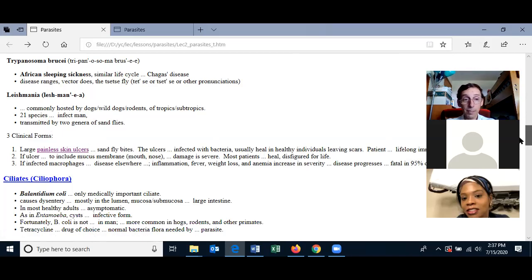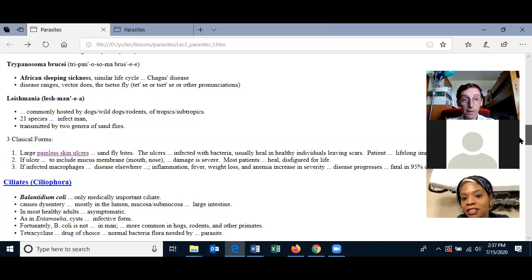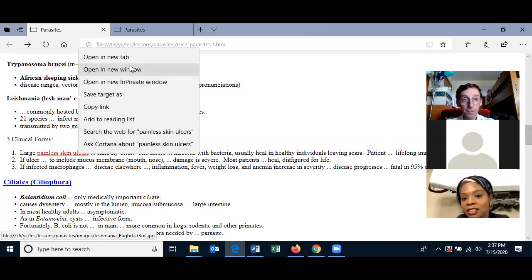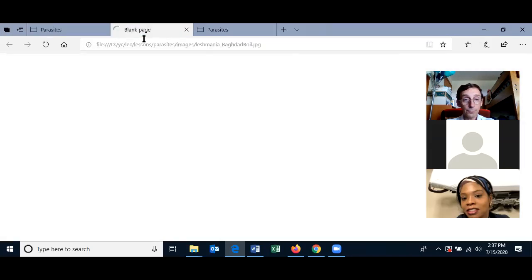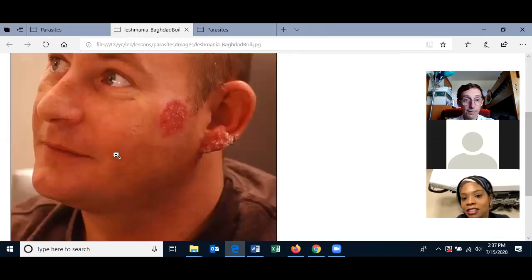First, at the bite site, you can get a large painless skin ulcer. And it'll look like this. This looks like this patient got bitten twice, once here and then once on the ear. It'll be a large scaly area where the parasite is actively reproducing.